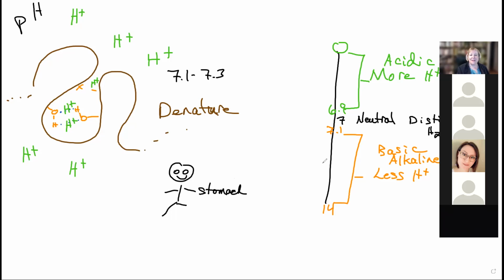Would we say that inside the stomach is acidic, neutral, or alkaline, basic? Probably acidic. It is acidic. Depending upon if you've just drunk a big glass of water or not, your stomach acid is between 2 to 3. So it's quite acidic.